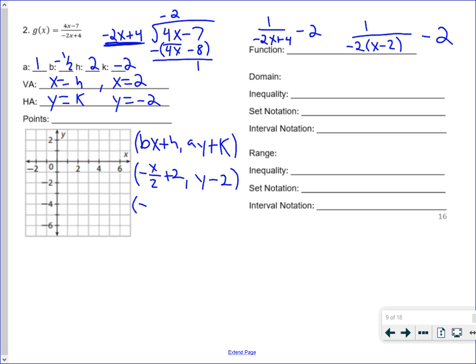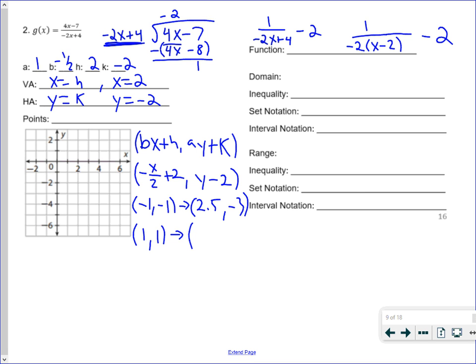Now we're supposed to use our 2 reference points of (-1, -1) and (1, 1), and figure out our 2 new points for this function. We plug in negative 1 for x, we get a positive 1/2, right? Negative times negative 1/2 is a positive 1/2, and add 2 to that, we get 2.5. And when y is negative 1, you plug that into y minus 2. Negative 1 minus 2 is negative 3.